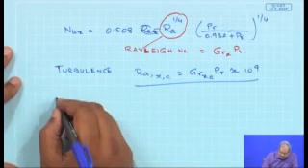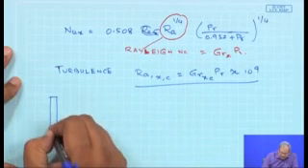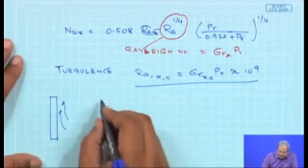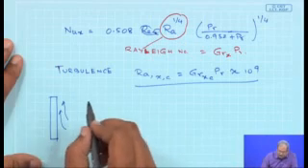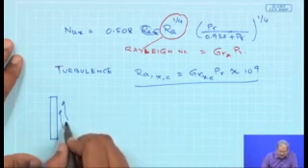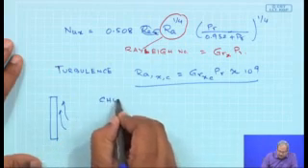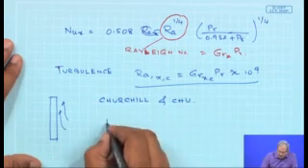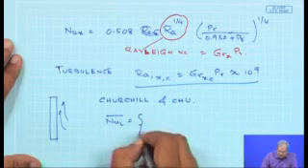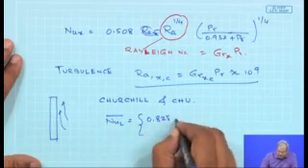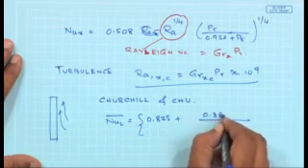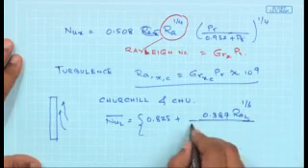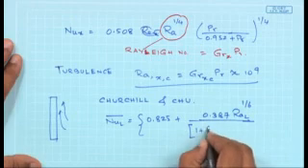The most common example of natural convection is when you have a vertical plate and you have natural convection taking place from its sides. The most common correlation for finding out the heat transfer coefficient under these conditions is given by Churchill and Chu, where the Nusselt number relation is provided as 0.825 plus 0.387 Ra_L to the power 1 by 6 and a complex function of Prandtl number.